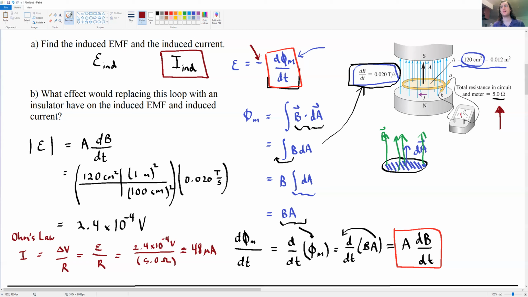What effect would replacing this loop with an insulator have on the induced EMF and induced current? Well, first of all, if we replace the wire, and this is a question for you guys, so you can answer in the chat again: does that change how the magnetic field is changing?